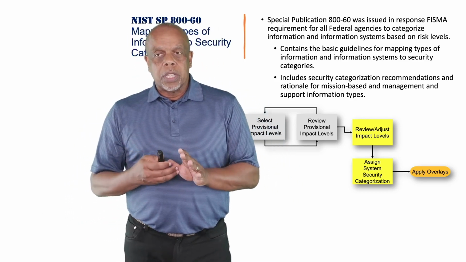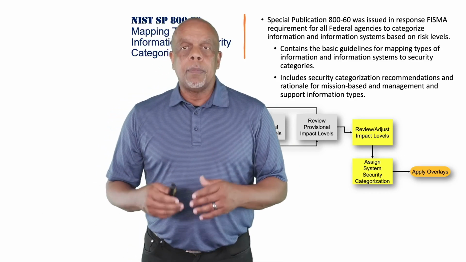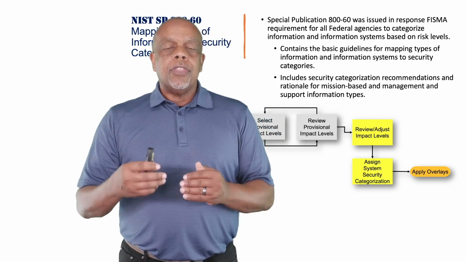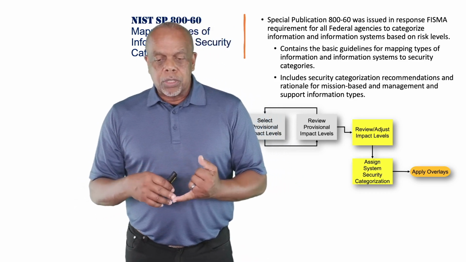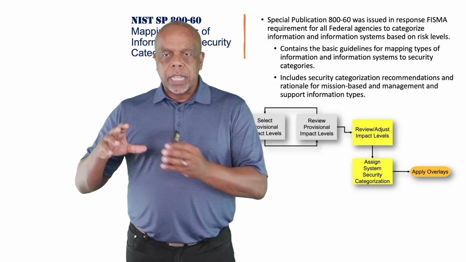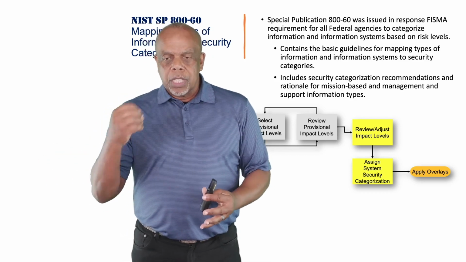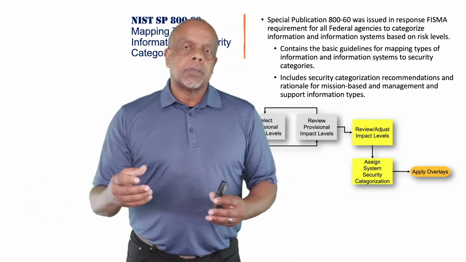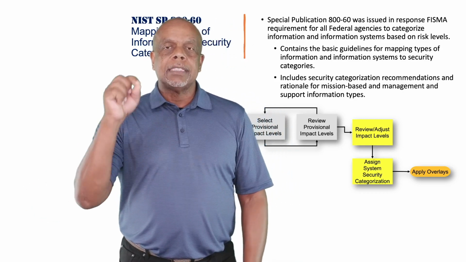If I'm an organization where availability may be high, meaning that information must be available, then I'm going to have real-time backups. I may have a hot site, a cold site. I may have secondary storage locations so that if something fails, I've got failover controls in place. Why? Because that information has to get there.